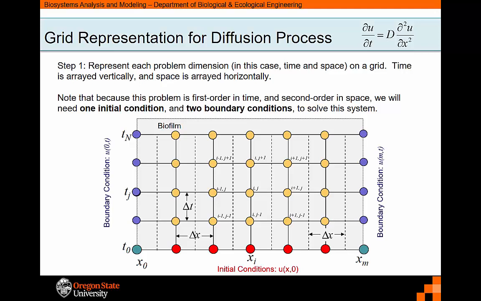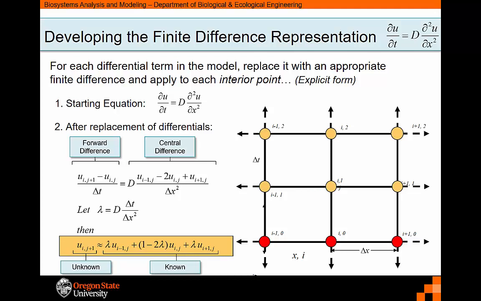At this point, we've completely set up our grid. The next step is to apply our finite difference equations to the grid, focusing on the interior points colored in orange on the grid shown here. To do so, we first replace all differential terms in our model with a corresponding finite difference term.